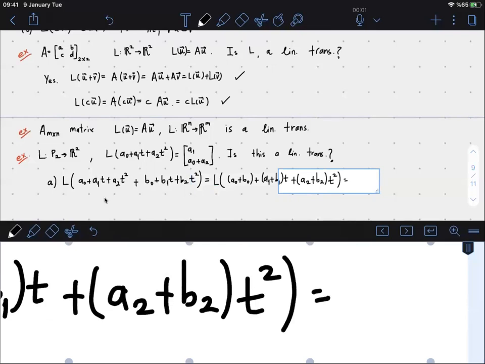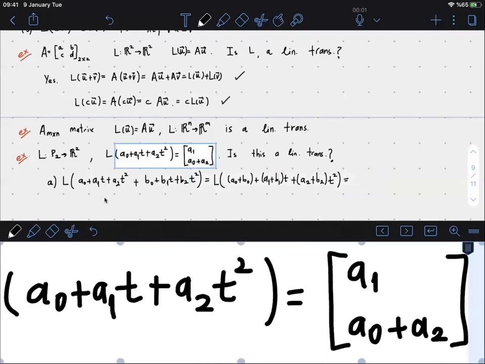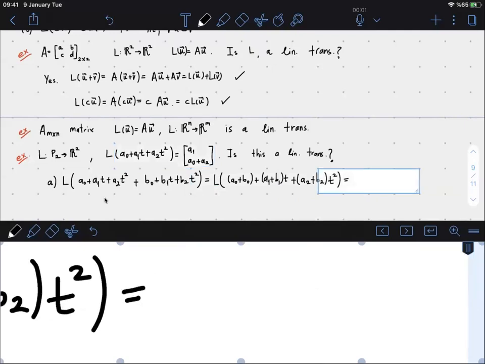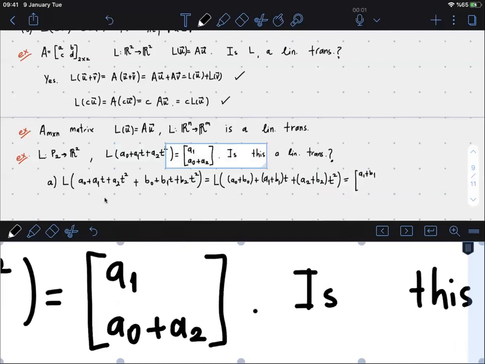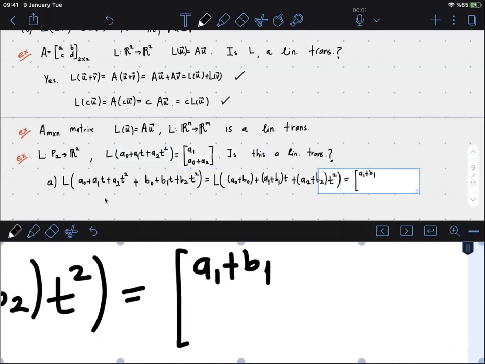Then how does my mapping work? It takes the coefficient of t as the first component. What is the coefficient of t? It's A1 plus B1. And the second component is the coefficient of the constant term, which is A0 plus B0, plus the coefficient of t squared, which is A2 plus B2.